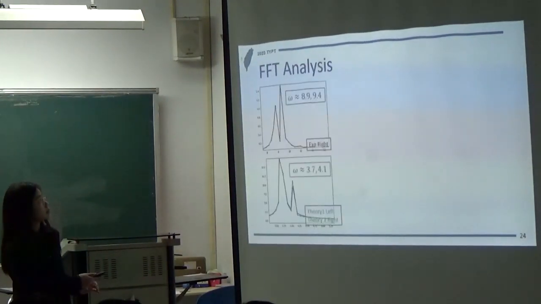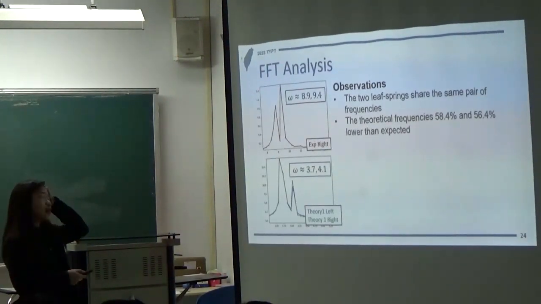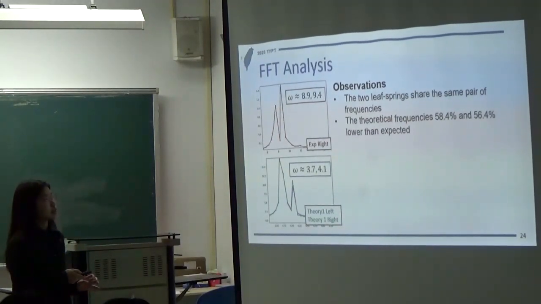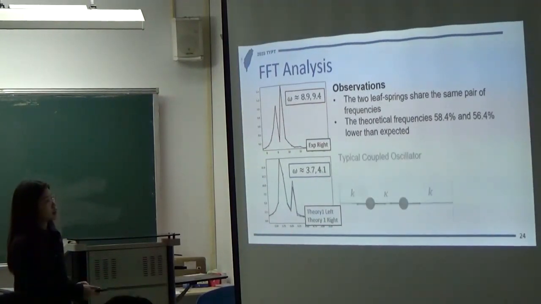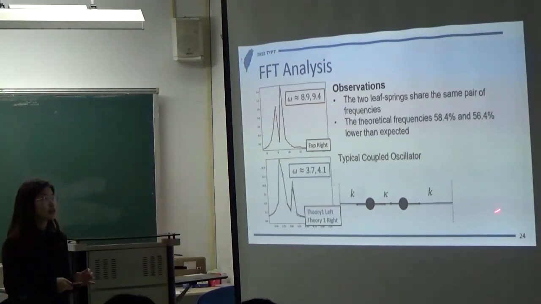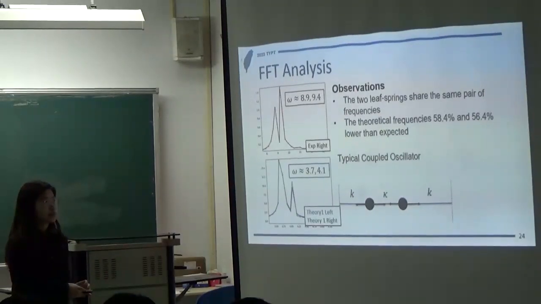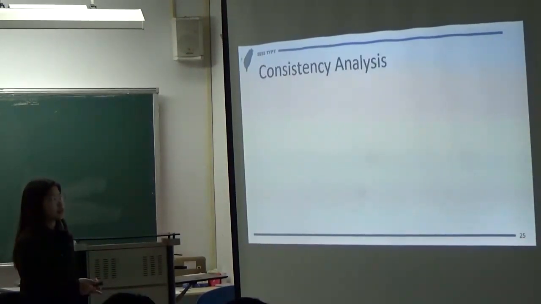So what happened was that the observations are that the two leaf springs share the same pair of frequencies, and the theoretical frequencies are lower than expected. So these are the theoreticals. And so we were curious whether they could be modeled as a typical coupled oscillator and whether they behaved in the same motion. So we used eigenfrequencies to test for that.